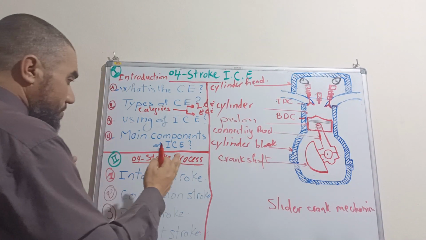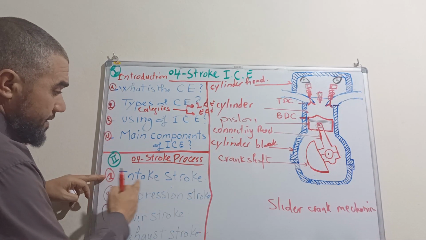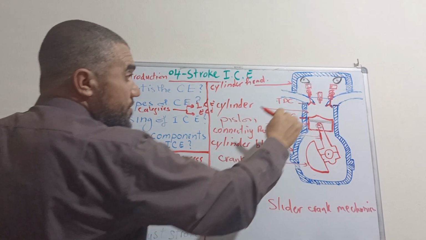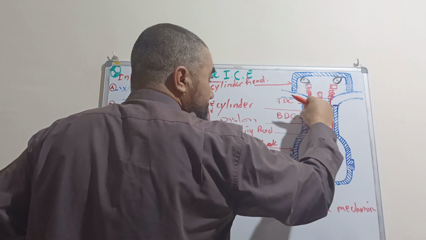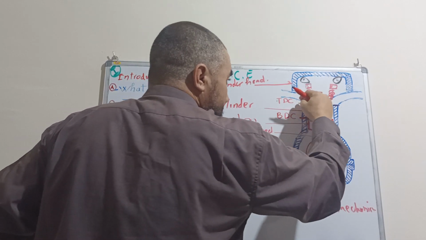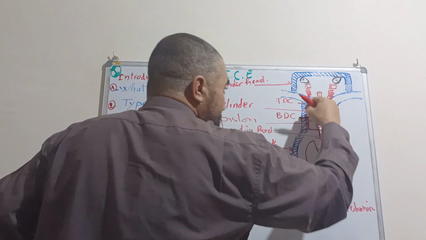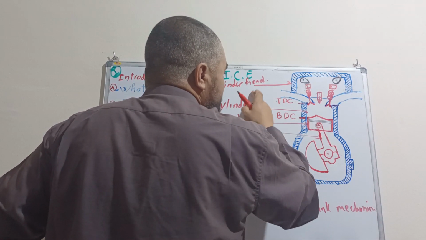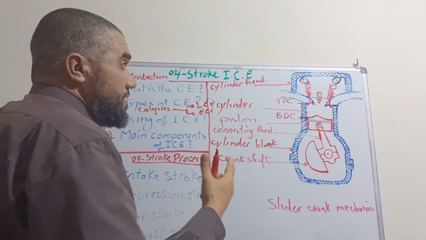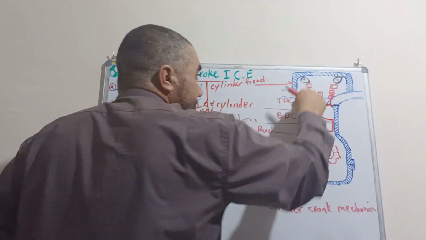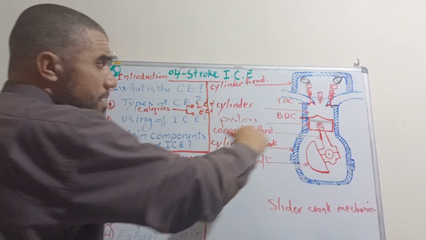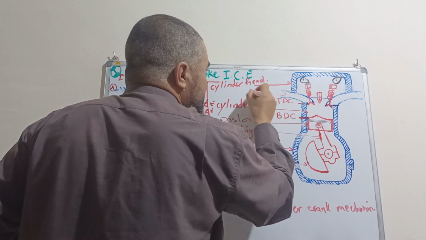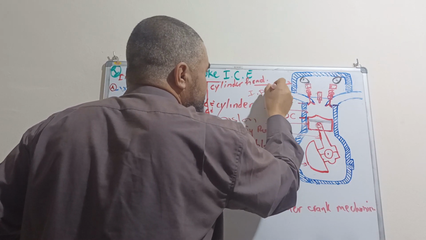Moving on to the four-stroke process. The first one here is the intake stroke. This is represented by the piston moving down from TDC to BDC, as you can see here. The piston moves down, the intake valve is opened, and the air-fuel mixture, when we talk about a petrol engine, enters the combustion chamber through the intake port.